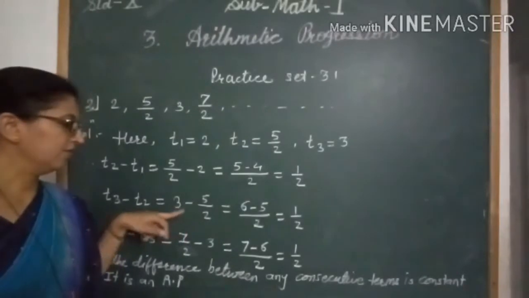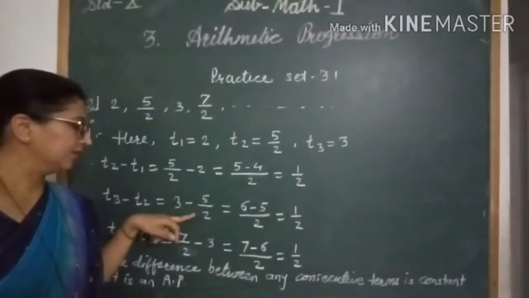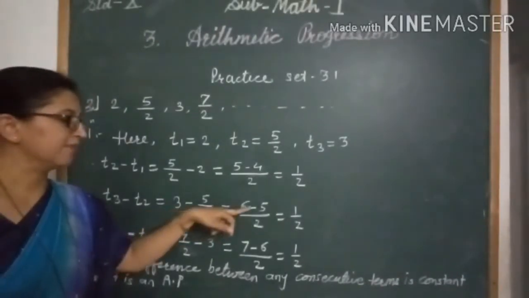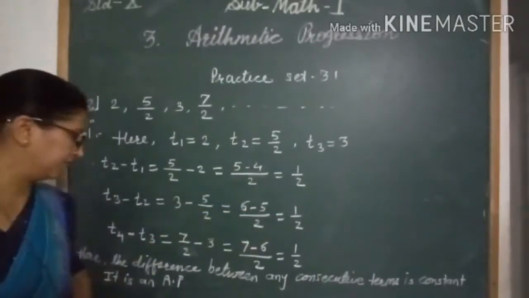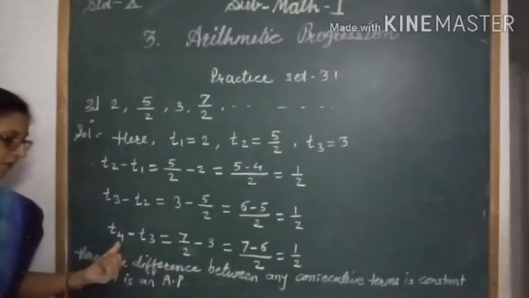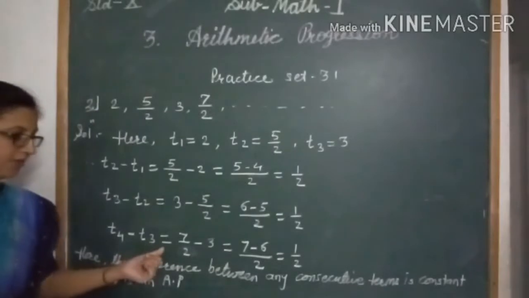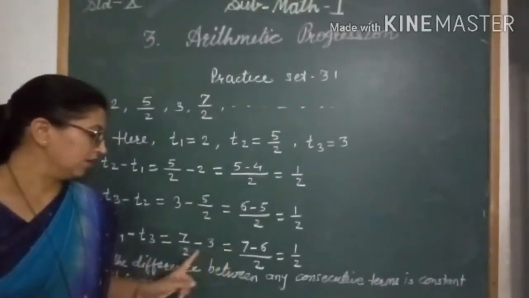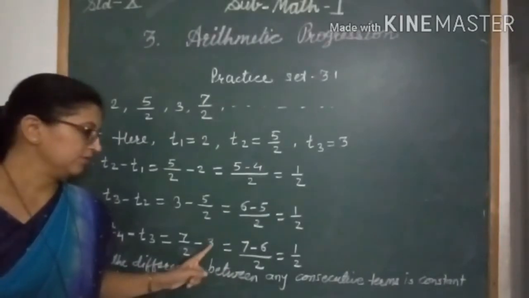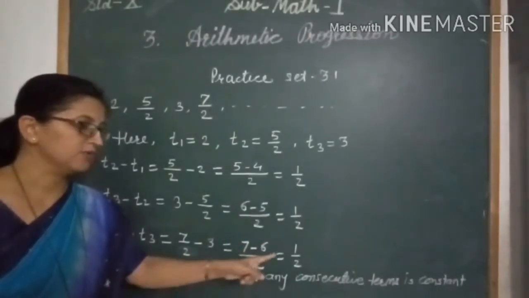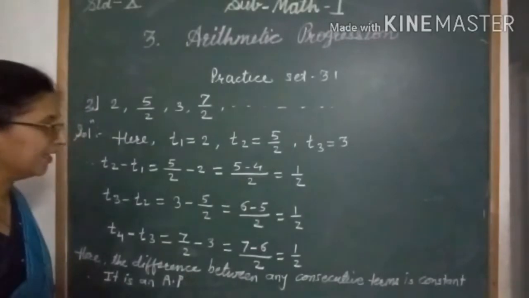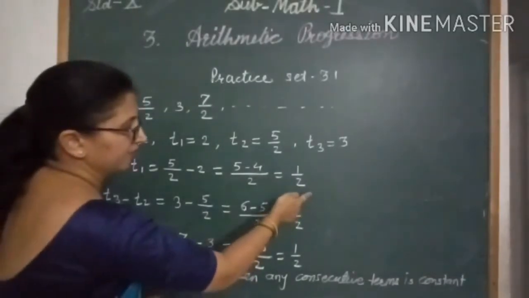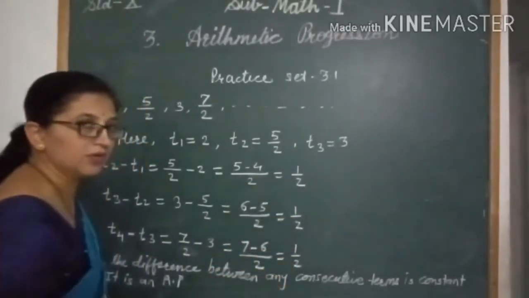So here again we have to make the denominator the same. That is 3 twos are 6, minus 5, upon 2, that is 1/2. Then let's check for T4. T4 minus T3, that is 7/2 minus 3, again here we have to multiply by 2. So (7 minus 6)/2, that is 1/2. So you can see here we are getting the difference every time as 1/2, 1/2, 1/2.